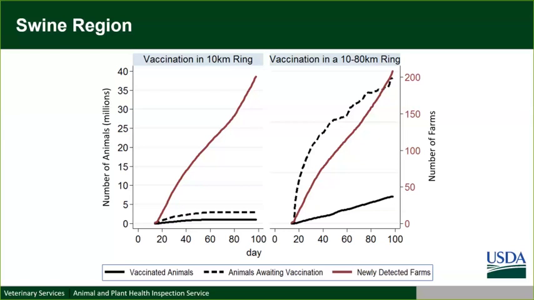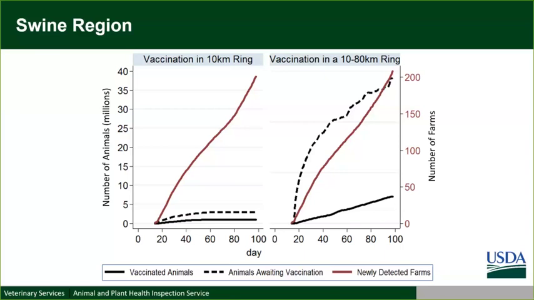And so you can see in this case, if you look to the right, you have a lot of animals that keep queuing up awaiting vaccine, and your capacity just cannot keep up, whether it's because of a big zone, but we also see this when you don't have the capacity within the state to clear zones quickly enough and to have the resources and capacity to work multiple zones at once.